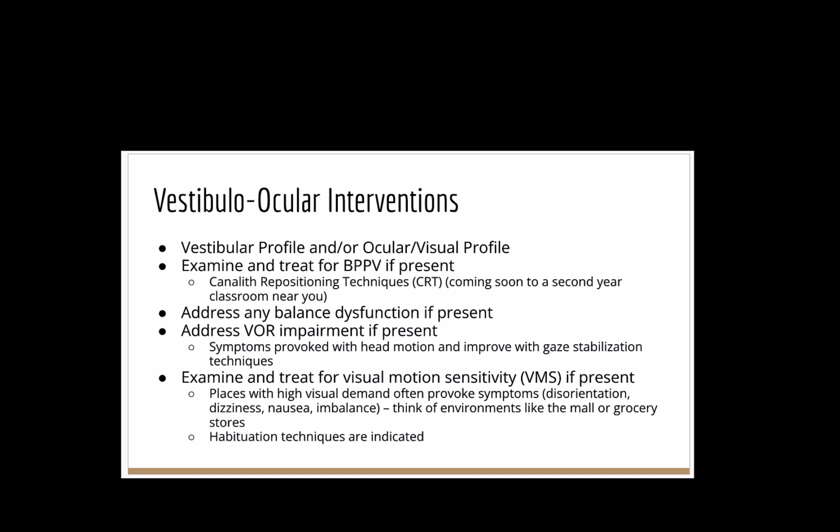And usually you'll see very significant improvement in their dizziness profile pretty quickly. All right. Make sure you rule out any sort of BPPV issue, and if it is present, correct it. You can usually get that done within 1 to 3 treatment sessions, and then that patient's going to start feeling a lot better pretty quickly, and then you can move on to other signs and symptoms.